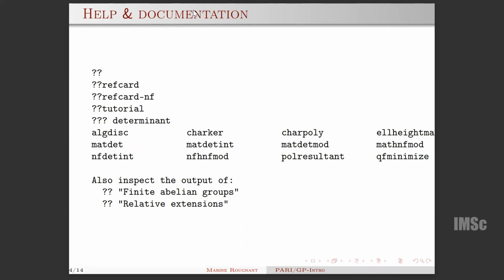And if you put three question marks and then a word, it will give you a list of functions, chosen by searching for this word inside the documentation of the functions. I mean, if you open the documentation of matdet, you will see the word determinant inside. And after that, it can give you some advice. I mean, you can have a look at stuff.